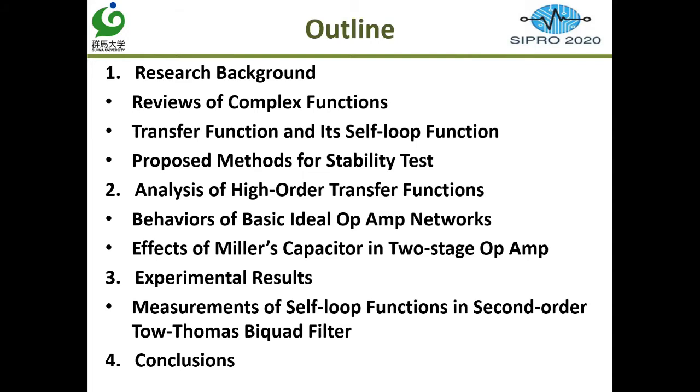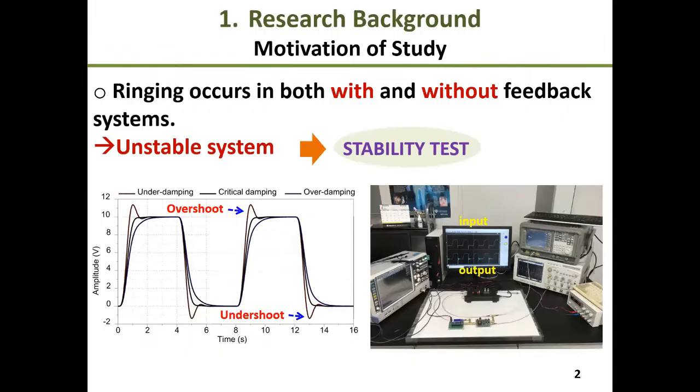Moreover, in practical design of two-stage op-amp, we also discuss some effects of the Miller capacitor, and we show our experimental result in part 3, and finally, we conclude our talk in part 4.